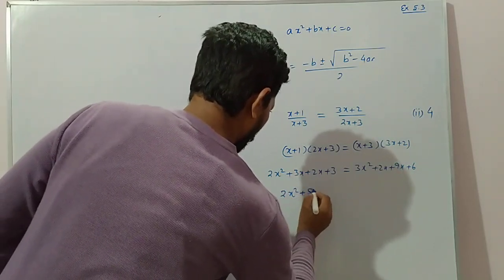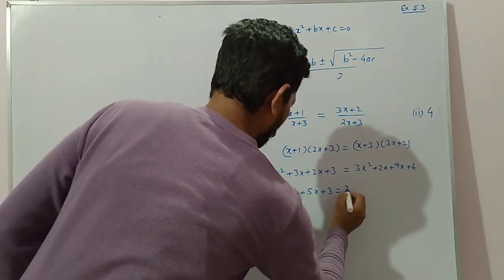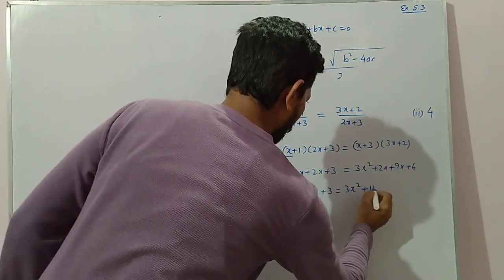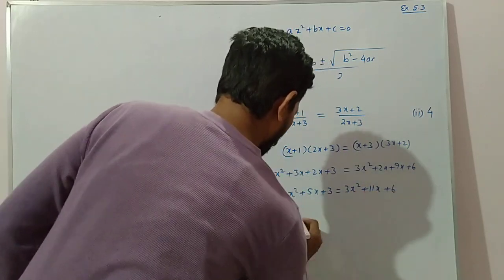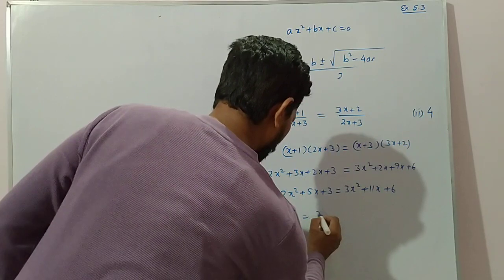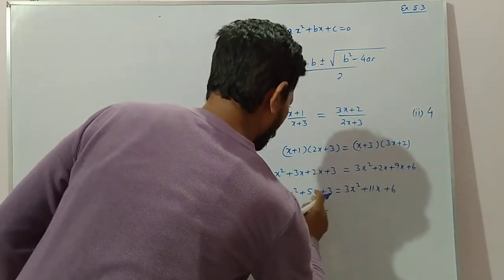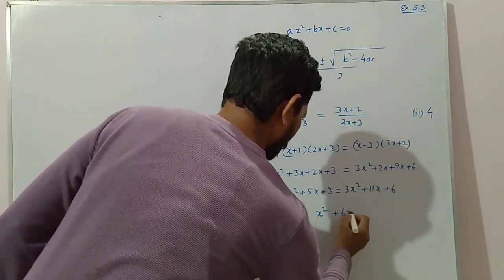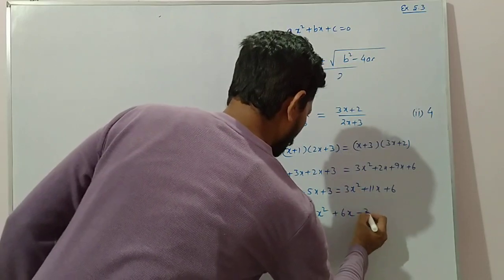That is 2x square plus 5x plus 3 equal to 3x square plus 11x plus 6. So 0 equal to x square plus 6x minus 3.